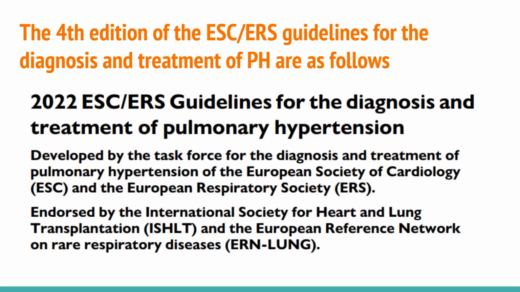According to the 2022 European Society of Cardiology and European Respiratory Society guidelines for the diagnosis and treatment of pulmonary hypertension, what is new about these guidelines? The 6th World Symposium has asked to reconsider the definition of pulmonary hypertension, the cut off level of pulmonary vascular resistance, and the definition of exercise PH, with revision of group 3 and group 5 classification.